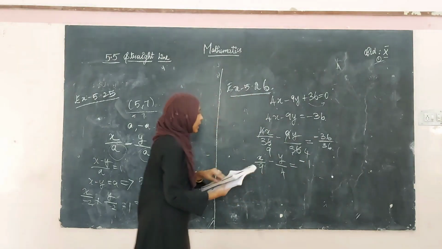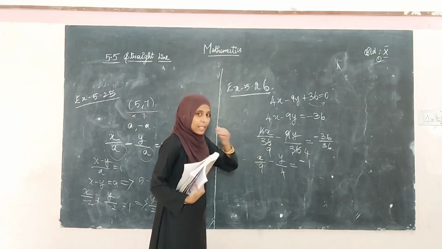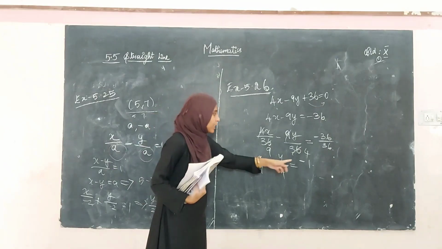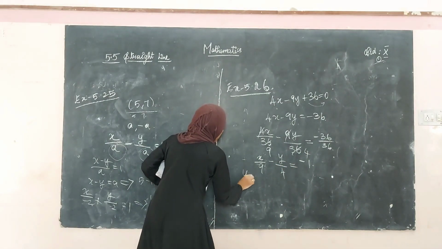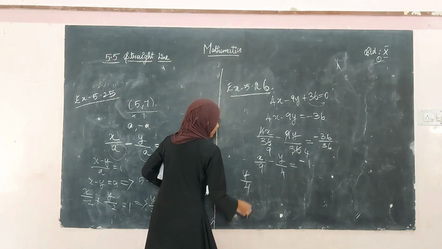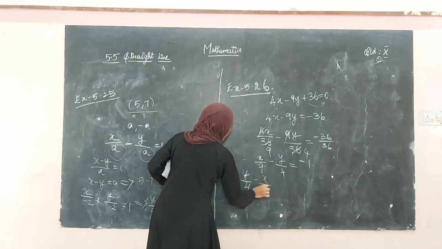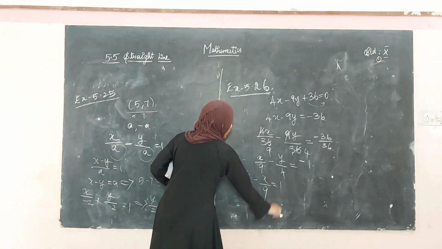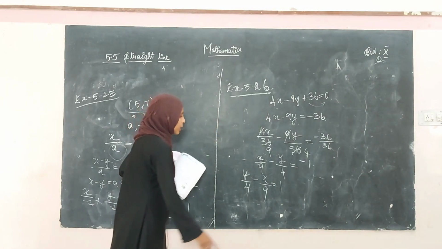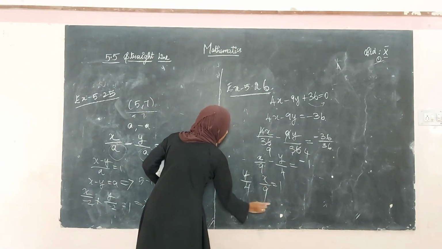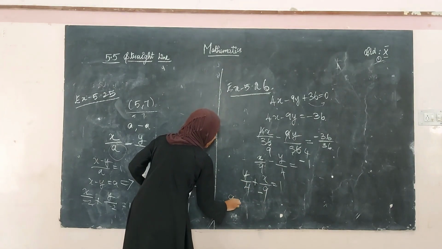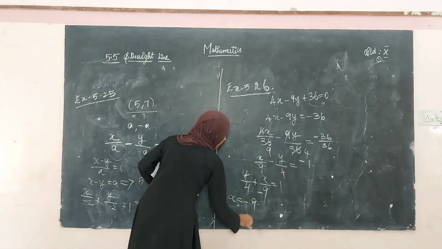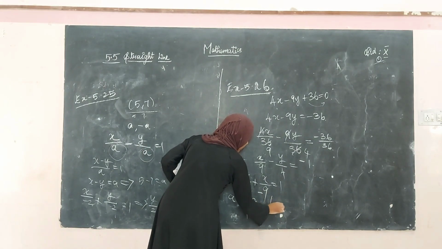So how will the general equation look? It should be in the form x by a plus y by b equal to 1. Here it is minus 1, so multiply throughout by minus. So what happens? y by 4 minus x by 9 equal to 1. Here there should be a plus, so change this to plus and take the minus to this place. So what's the value of a? That is, the x intercept value is minus 9, and the y intercept b value is 4.